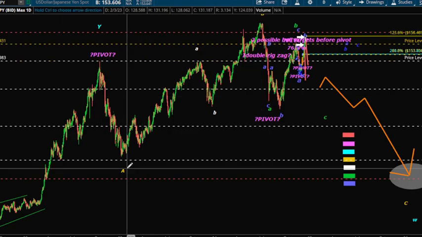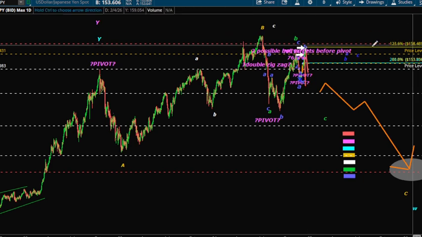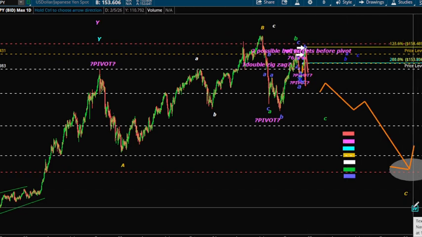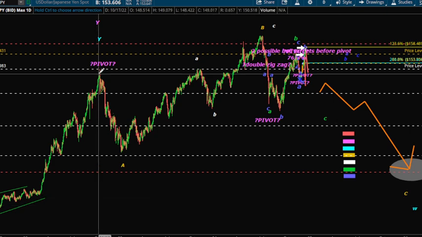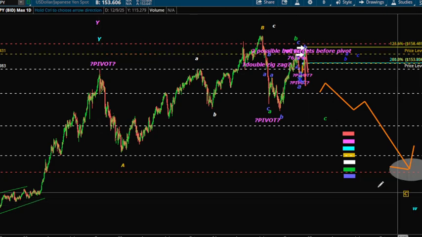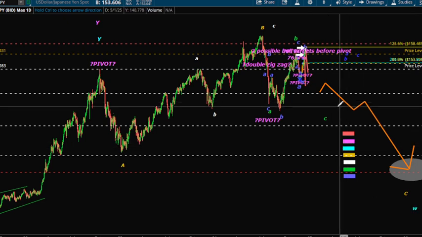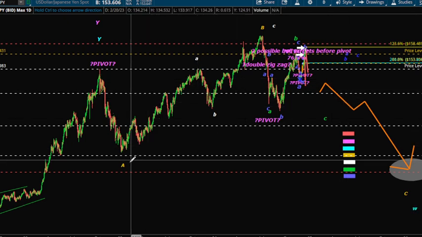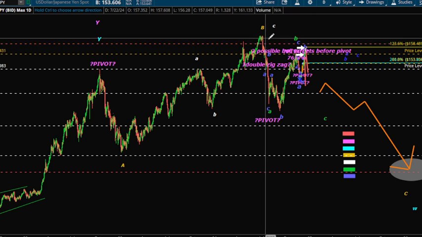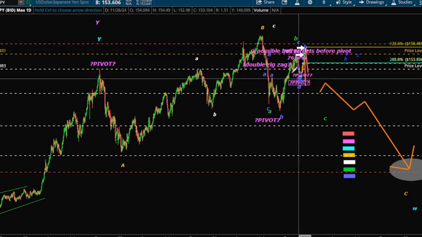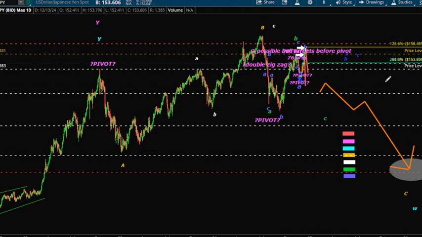So we have an A down in minor, B up in minor, looking for a minor leg C down to start an intermediate W. Okay, so minor leg A and B are complete. So we just need to focus on the minute degrees, minuet, and sub-minuet moves down.